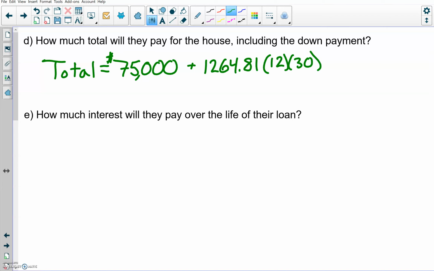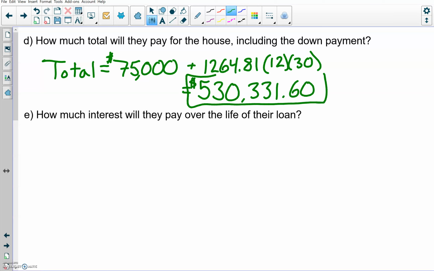So you just multiply that together, and this is the total principal and interest, so to speak, that they would be paying. And when you add those two terms together after the multiplication there on the second one, you get $530,331.60. So that's how much they really ended up paying for that $375,000 home.